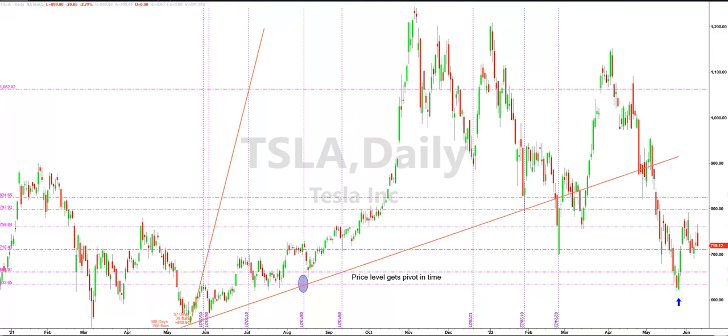Now let's look at some more price lines. So we looked at the three examples from the larger angle. Let's take a look at the second angle and the points of pivot intersection there.